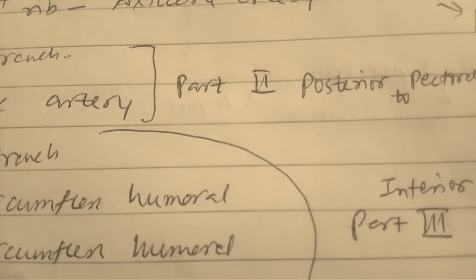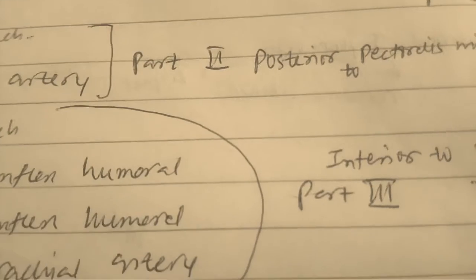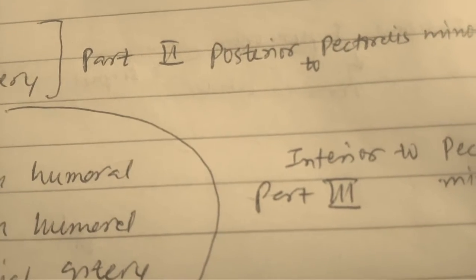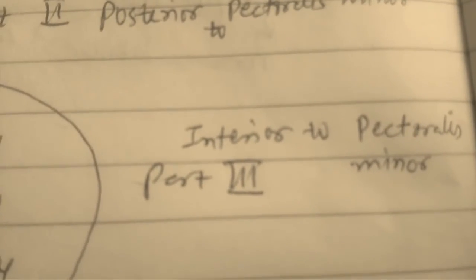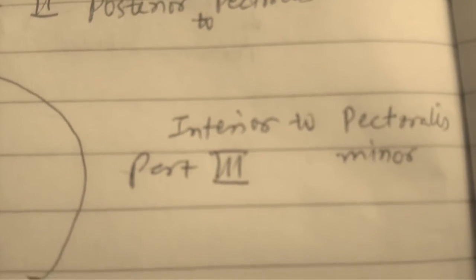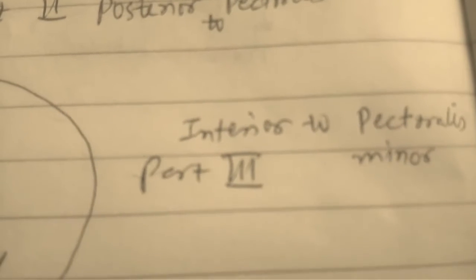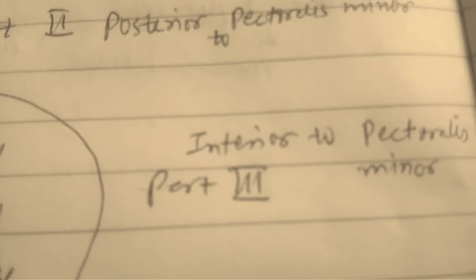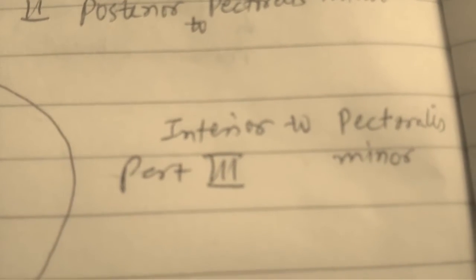But we also have to talk about something which is inferior, or below the pectoralis minor muscle, because there are structures below the pectoralis minor muscle which are quite relevant, so as to mention all the ribs from the fourth rib to the ninth rib, and they are very important.